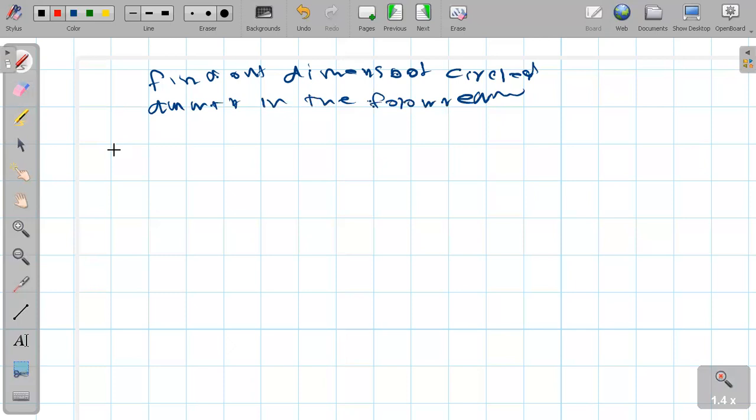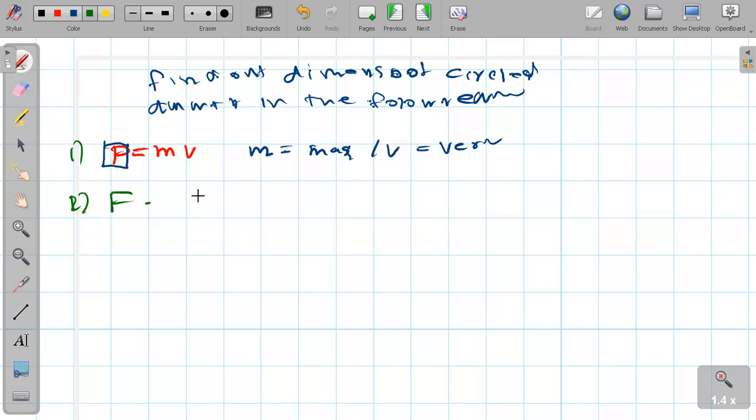Okay, first one is P equals mv. So you know what is P. This one you have to find out. M stands for mass, and V stands for velocity.